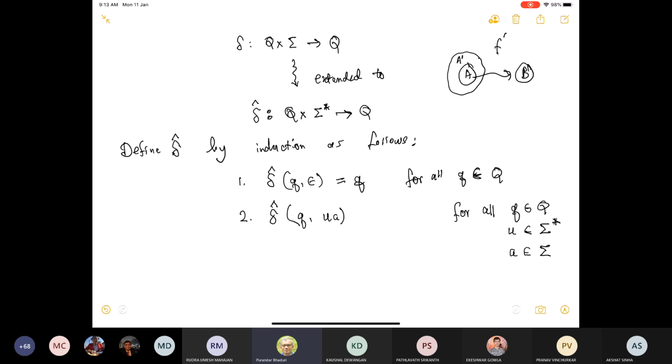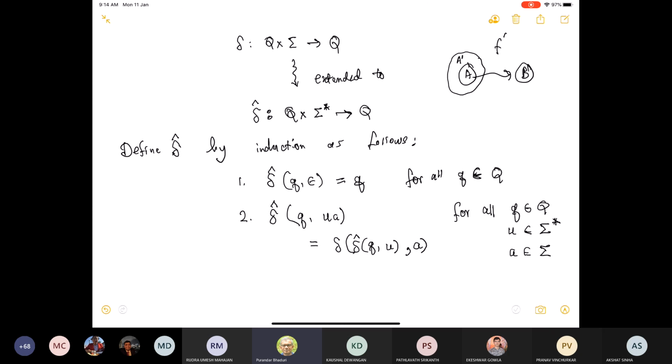So how is this defined? This is a string followed by a single symbol, so this is defined by induction. First you apply delta hat to Q and U, and then apply delta to that.